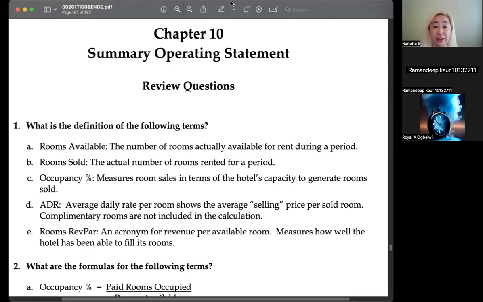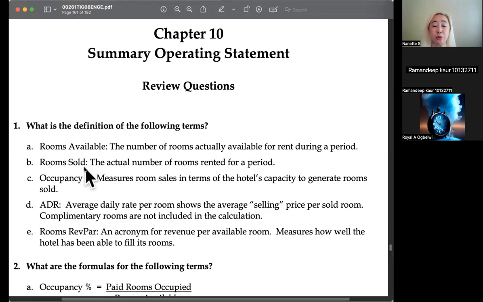So here are some of the definitions of terminologies that would be relevant in our discussion. Royal, what is rooms available? Rooms available, the number of rooms actually available for rent during a period. Right, thank you.